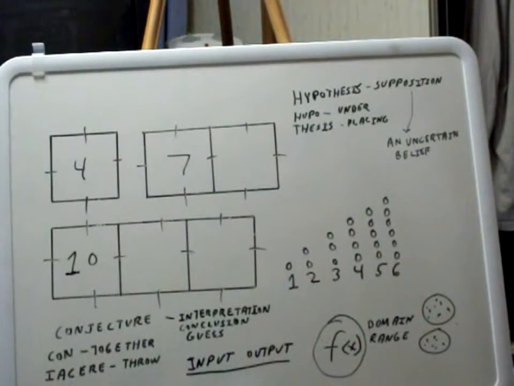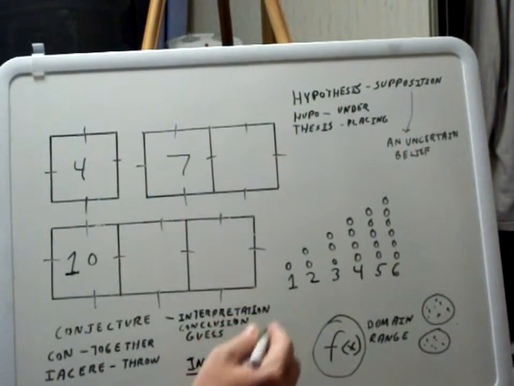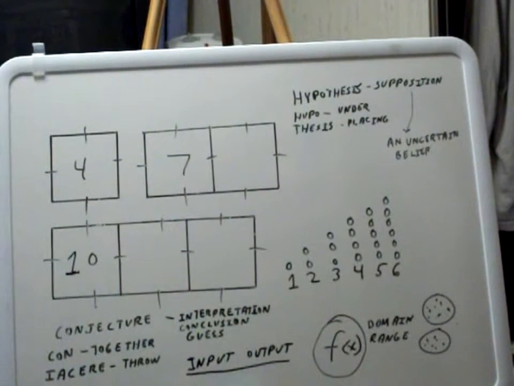This here, in the English alphabet, you have the letter J. But in the Latin alphabet, you don't have a J, so you have to use the letter I instead. This happens to be a Latin verb, and it means to throw. So basically, the word means to throw together. Now, if you're going with a slightly more modern English definition, you have interpretation, conclusion, or guess.